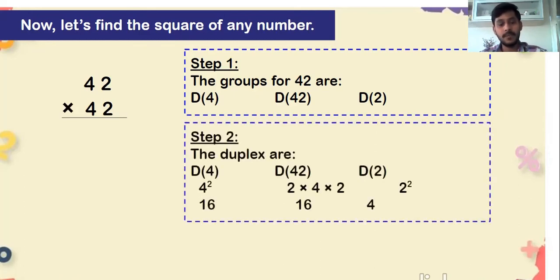Applying all the steps, the duplex of 4, squaring it, gives 16. Now applying 2ab, it is 2 into 4 into 2, and the answer will be 16. For the third digit we apply the duplex of 2, that is the square of 2, which gives 4.